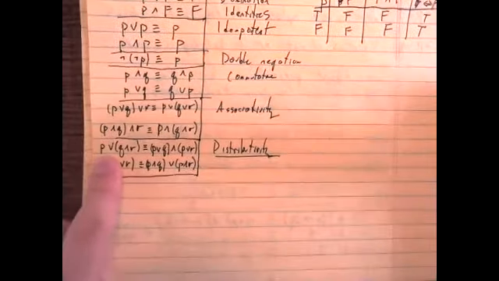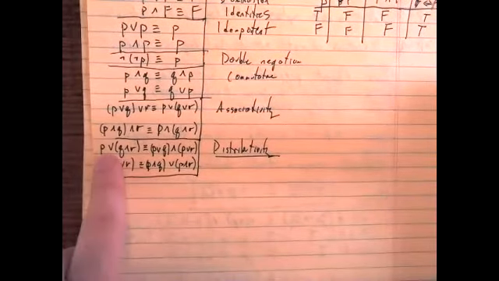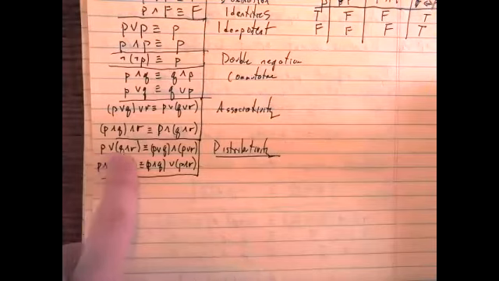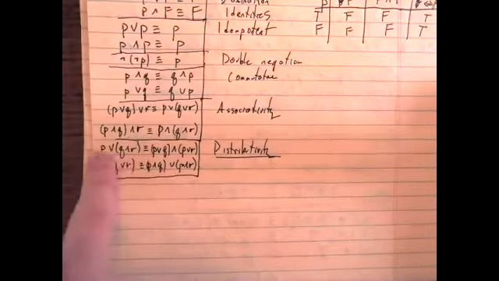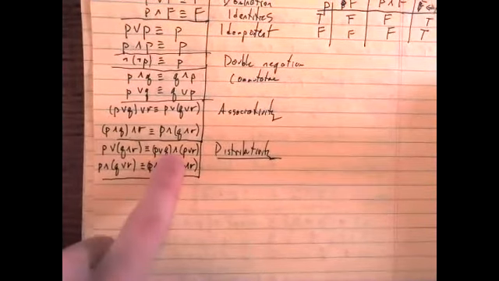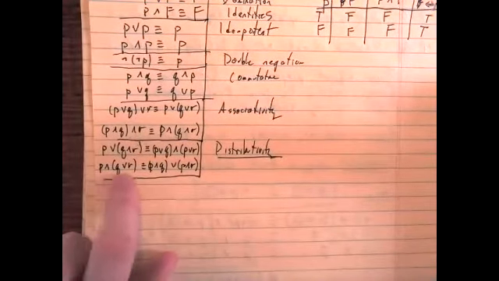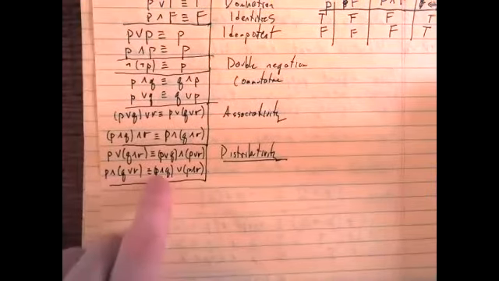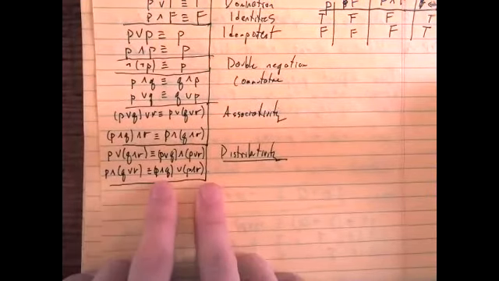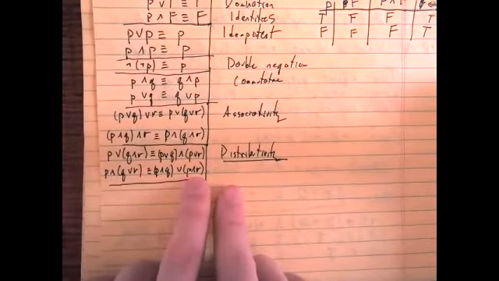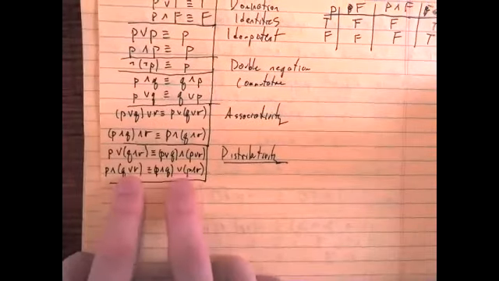Okay. So notice that when you distribute P or Q and R, it goes P or Q and P or R. And similarly, if you distribute P and Q or R, it's the P and that gets applied to both. I have a P and Q, and I have a P and R, and they're joined in the middle by the or.